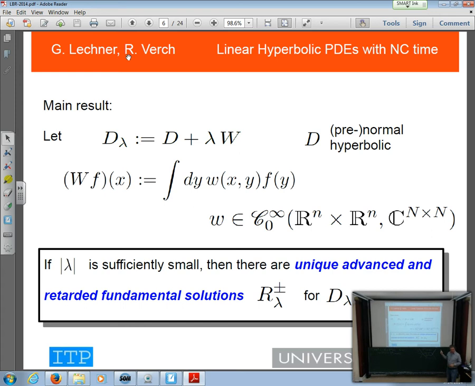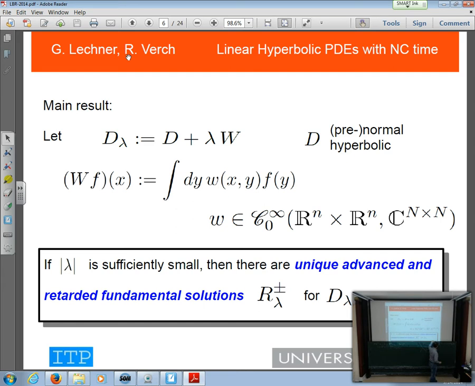So hyperbolic I have explained, yeah. Pre-normal hyperbolic, it rather was. Pre-normal hyperbolic means it can be something like a Dirac operator.